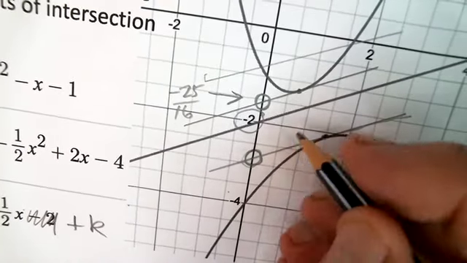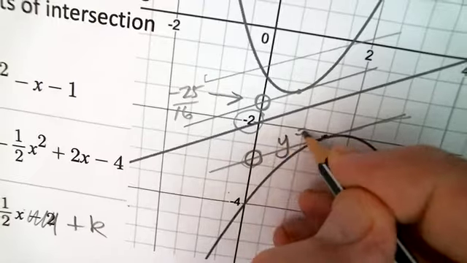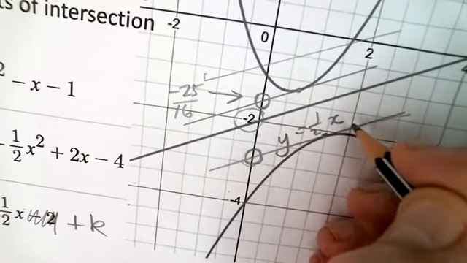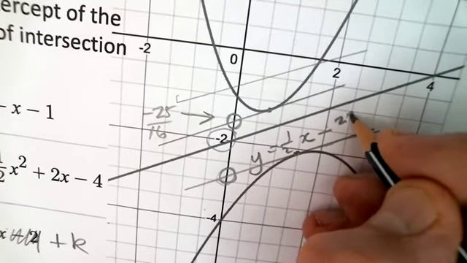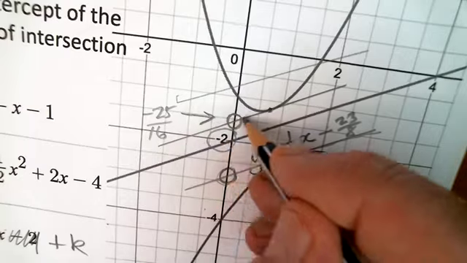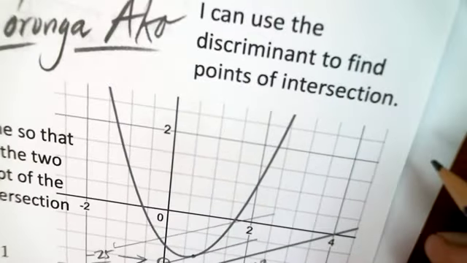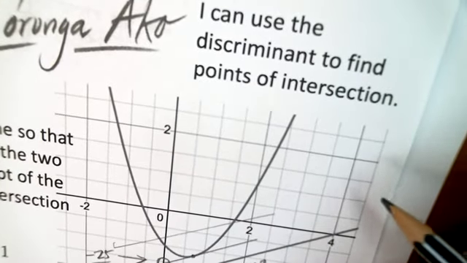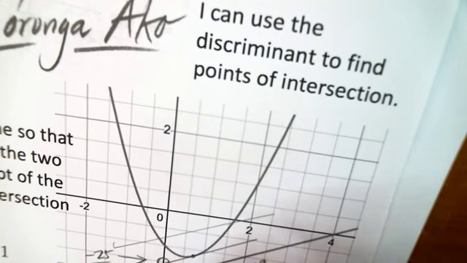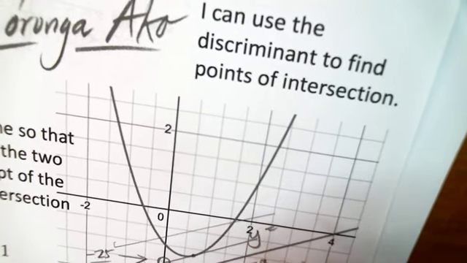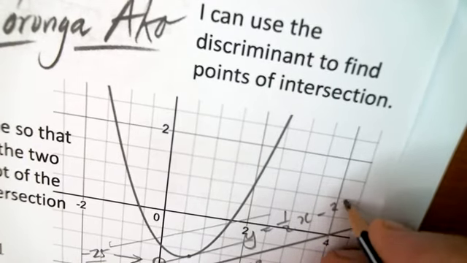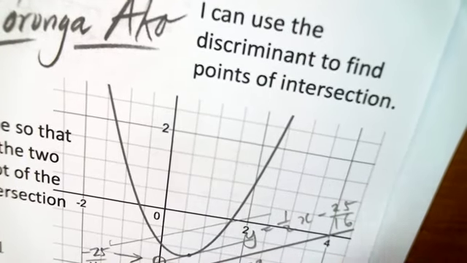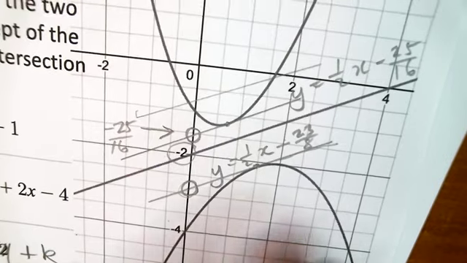So this line here now would be y is equal to 1/2 x minus 23 over 8. And the line over here is the other one, y is equal to 1/2 x minus 25 over 16. And that is what we found.